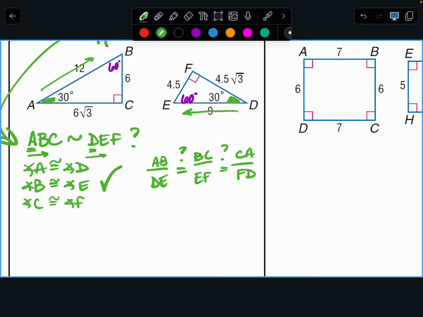So then we're going to go through and make the fractions. So that's 12 over 9, 6 over 4.5, and 6 square root of 3 over 4.5 square root of 3.